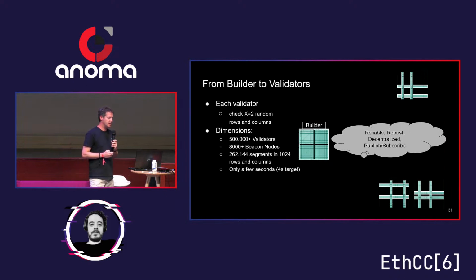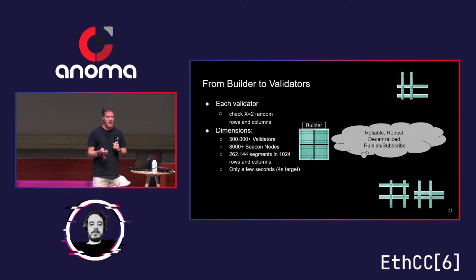So what happens here from builders to validators? We have, say, 2 lines or rows selected by each validator. And we have a dissemination, some reliable, robust, decentralized publish-subscribe mechanism, which is sending the data from the builder to the validators interested in those specific things.